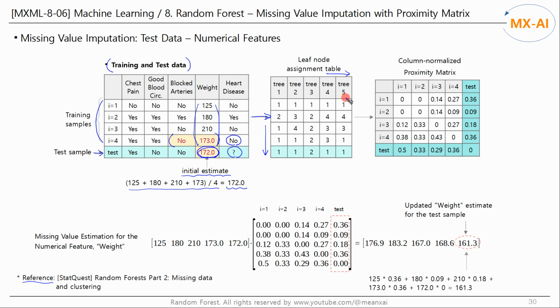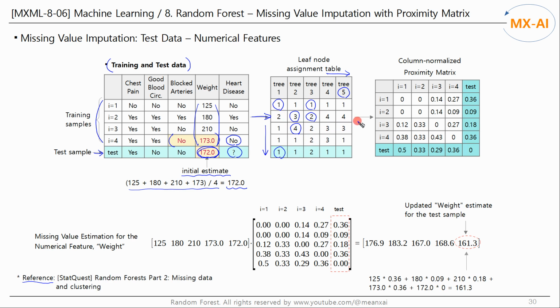Let's assume that the forest contains 5 trees. Each cell shows the leaf node assignment for a sample in a particular tree. For example, both the first training sample and the test sample fall into leaf node 1 of tree 1.